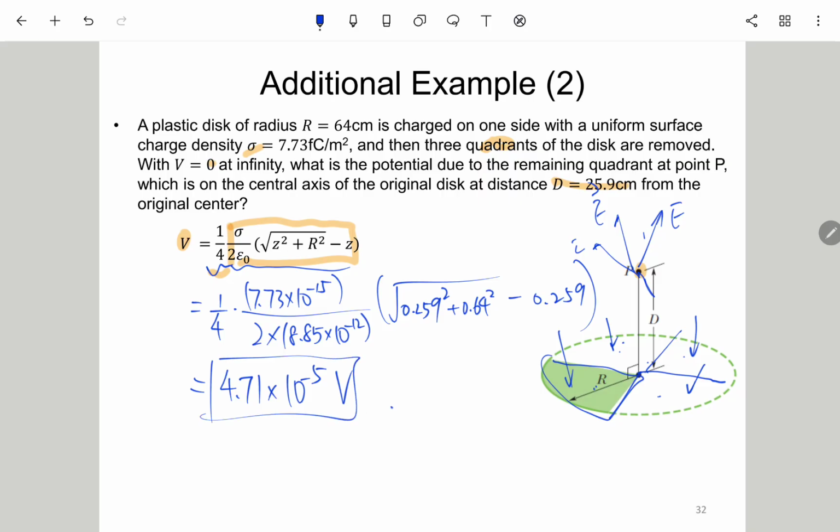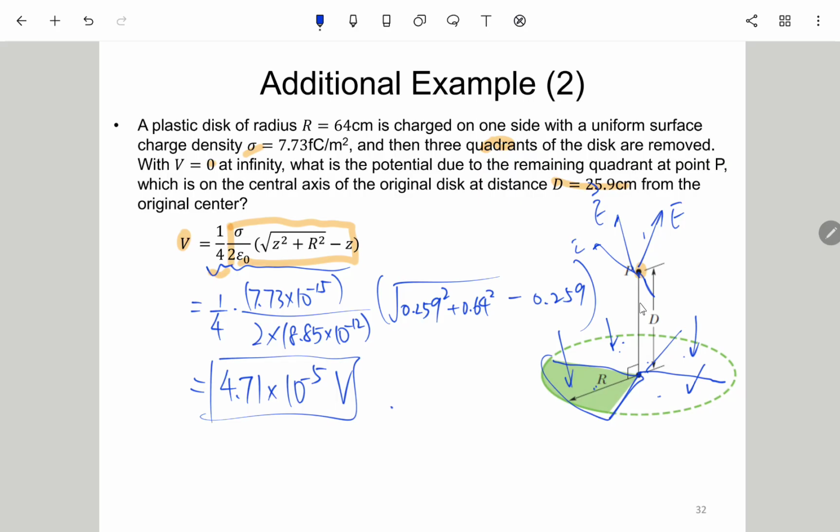These two additional examples are just to let you know that computing the potential is always easier than calculating the E field. As long as we know the E field along an axis, then we will be able to take the derivative. But of course not for this case, because here we only know the potential at this point, so we are not able to take the derivative yet.